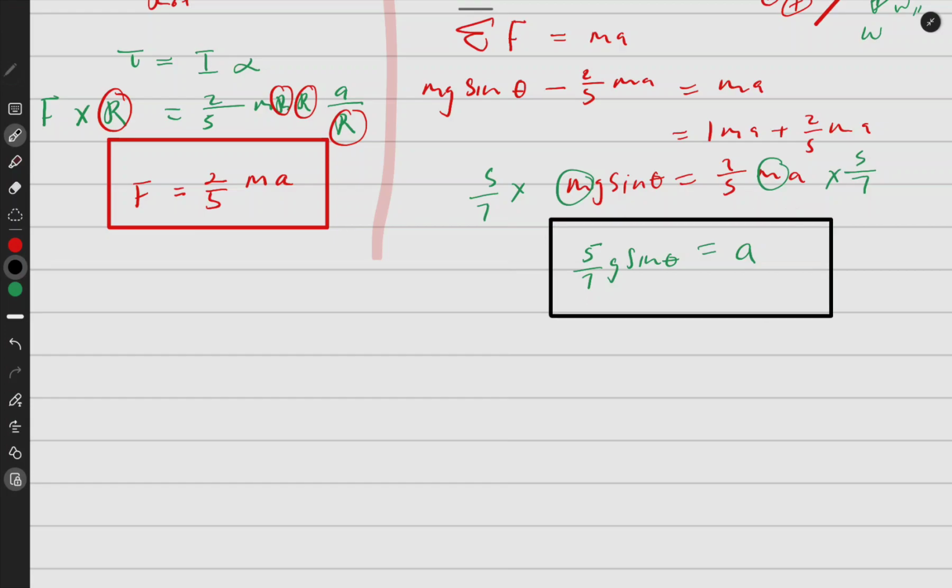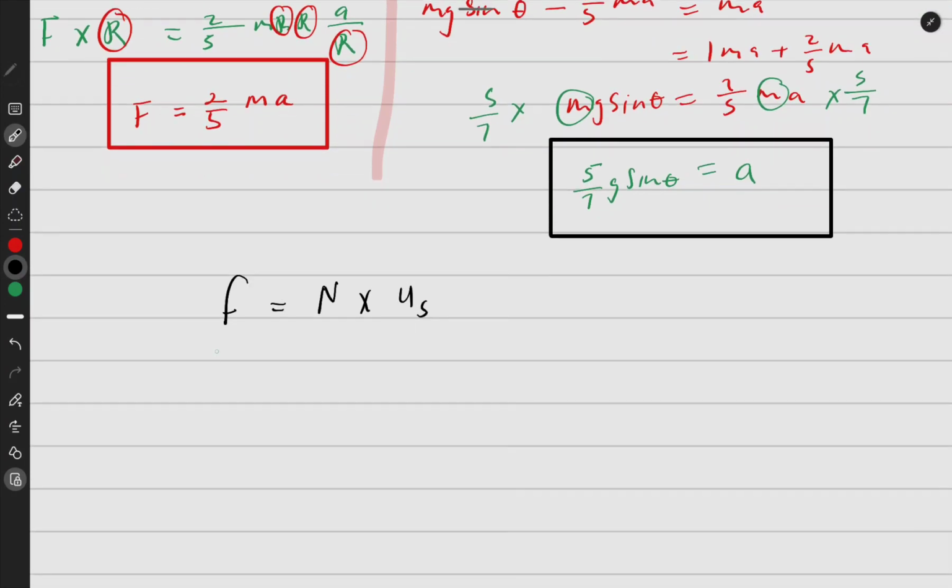So what else do we know? We know that friction is equal to normal force times mu, the static frictional force. Should use an s. What is friction? Friction is given here. We already have friction. We can put 2 over 5 ma is equal to what is normal.